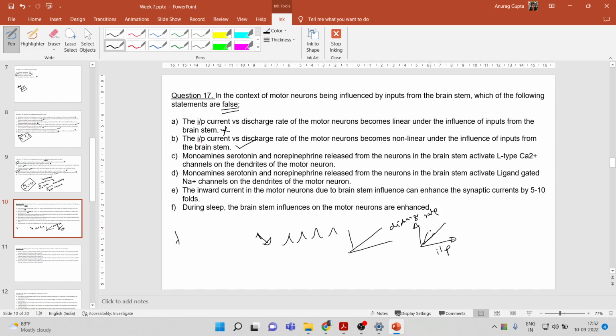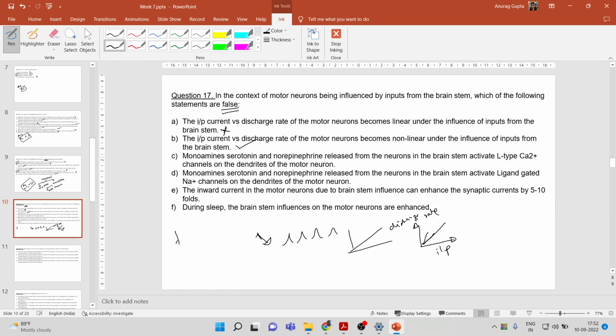There's a drastic increase in discharge rate, of the order of 5 to 10 times, when there is an input current. So B is the correct statement because it makes it non-linear.